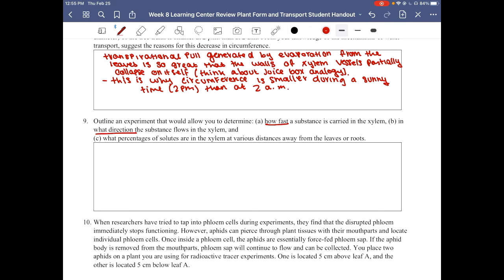So for direction, it's going to be using hot water, inserting temperature probes, and then once you pour the water, see what direction the temperature changes in.